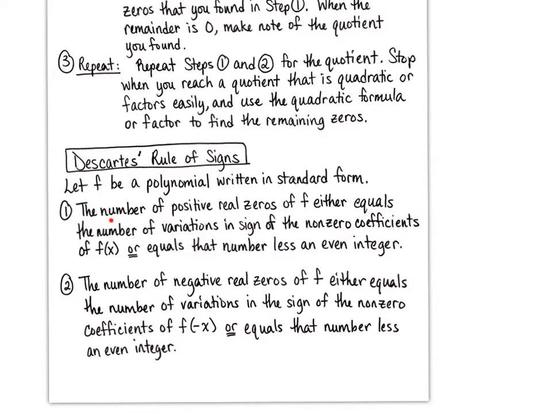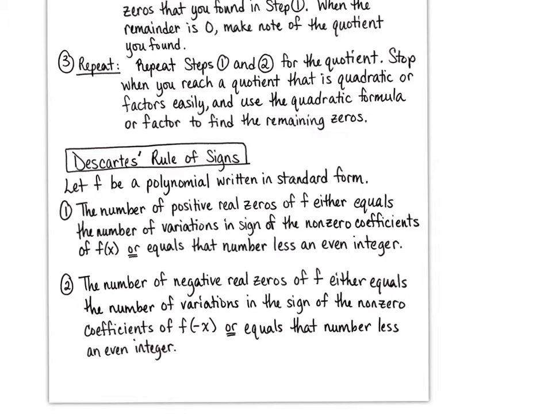The number of positive real zeros of f either equals the number of variations in sign of the non-zero coefficients of f of x, or it equals that number less an even integer.